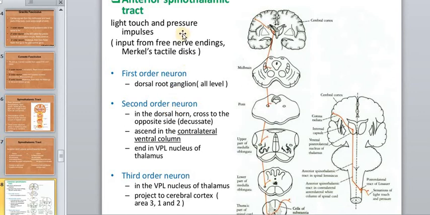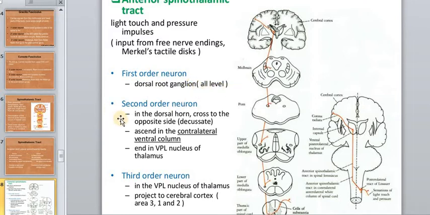Here we can see the anterior spinothalamic tract: light touch and pressure impulses from the skin, from the special elements, Merkel's tactile discs. First order neuron, dorsal root ganglion, all levels.